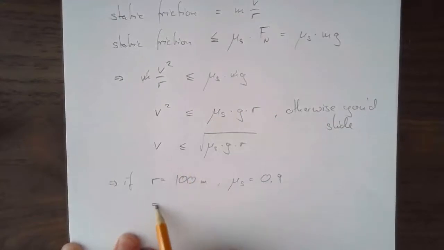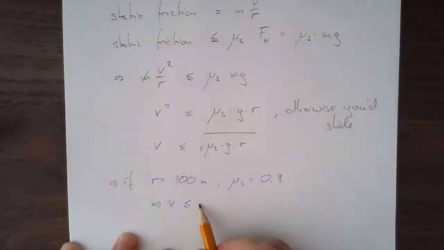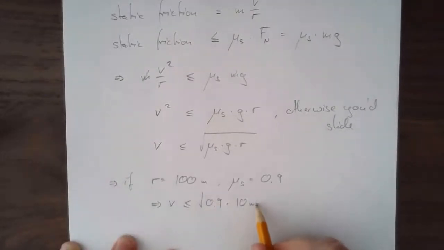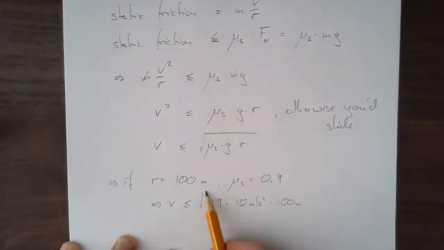So that implies that v, the max speed, well, v is smaller or equal to, so if it's equal to, I have the maximum: the square root of 0.9 times 10 meters per second squared, that's g, times 100 meters.